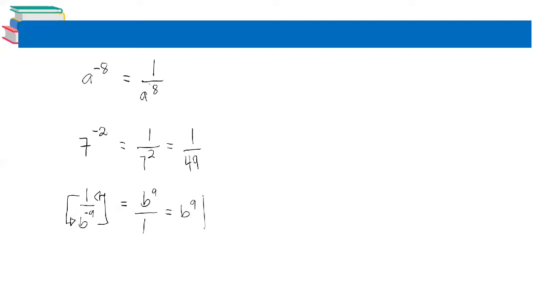How about 1 over 2 to the negative 3rd power? Again, first is to reciprocal. It becomes 2 to the 3rd power, now positive, over 1. And then solve. 2 to the 3rd power is 8 over 1. Then our answer is positive 8.